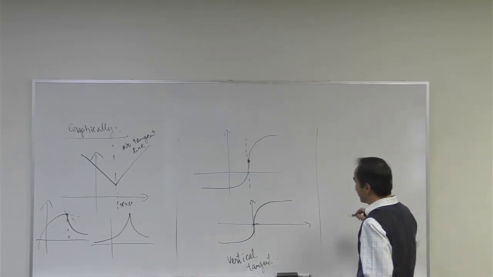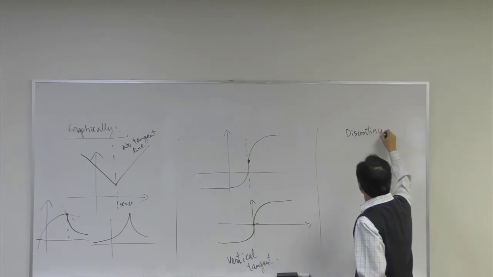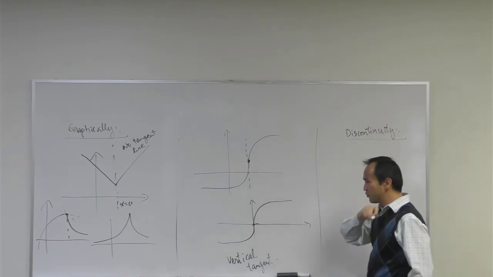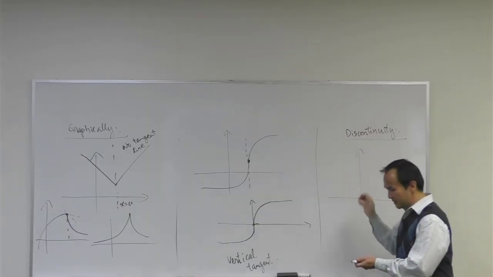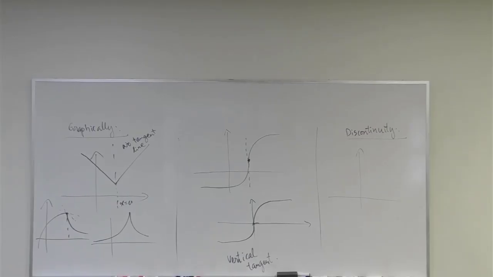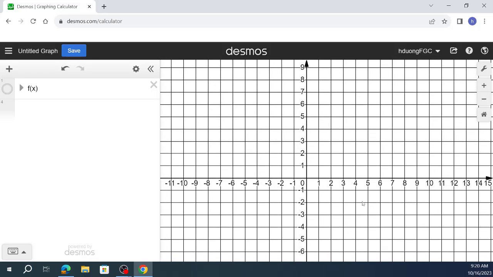And then the one just demonstrated throughout the example we just finished is the case of discontinuity. The function we used in this problem was obviously something like this. Let me bring up the graph on the screen to show you guys the function. Okay, here's the graph of the example we just finished.